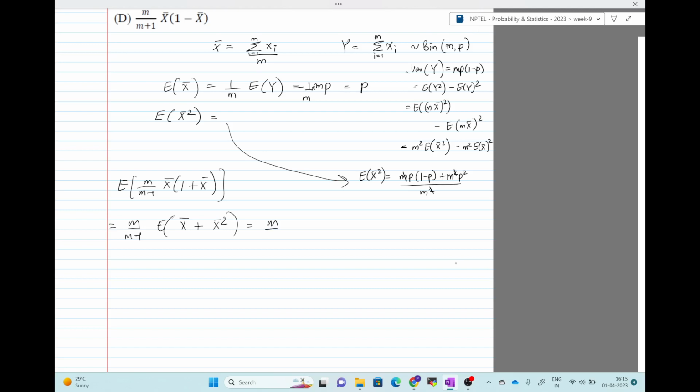So which is m upon m minus 1 into expectation of x bar plus expectation of x bar square.